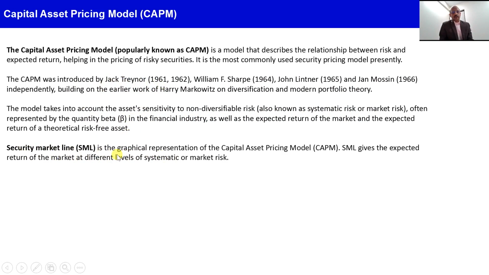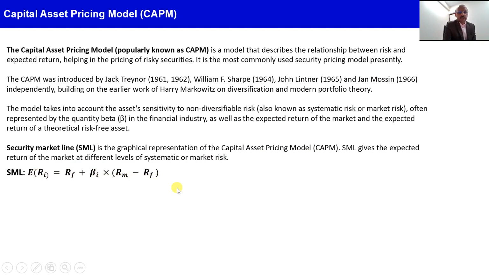The security market line is basically the graphical representation of the capital asset pricing model, and it can be calculated using this fundamental formula. The expected return of Ri, that is the return of asset i, equals the risk-free return plus beta times (Rm minus Rf).